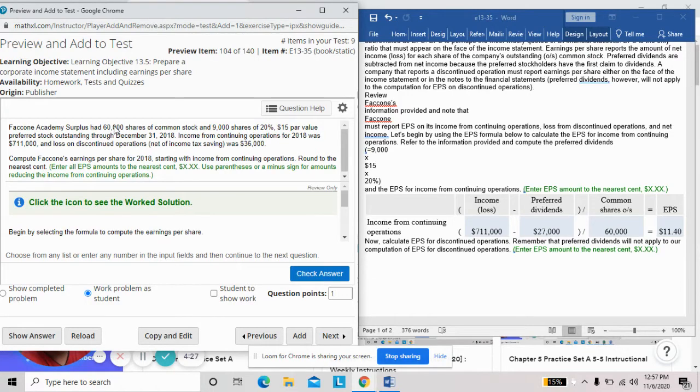The 27,000, I believe, is from 9,000 times 15 multiplied by the 20%. So that gives me an earnings per share of $11.40.